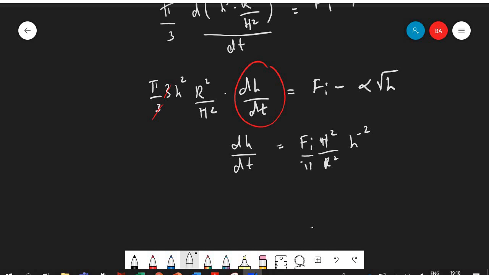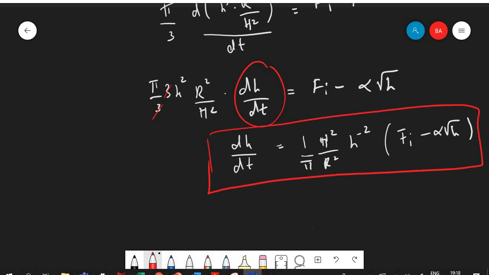This is the term that we have just multiplied, and it's multiplied by fi minus alpha square root of h, and of course we can multiply this by the whole term. So what do we have? We got our equation of dh by dt, and that was the aim of the problem here.